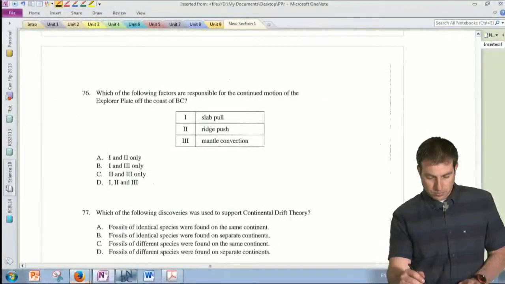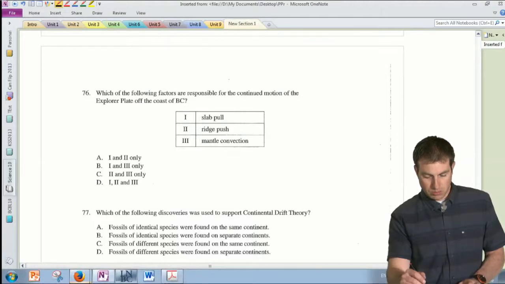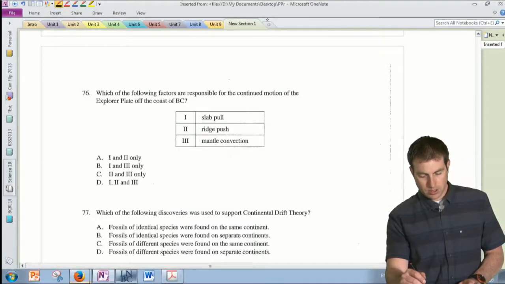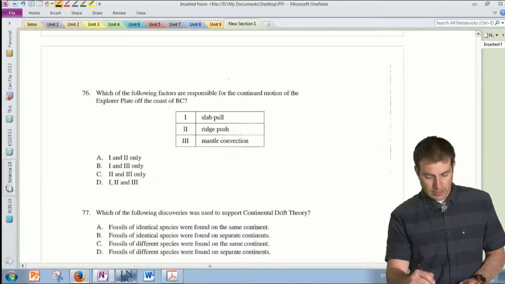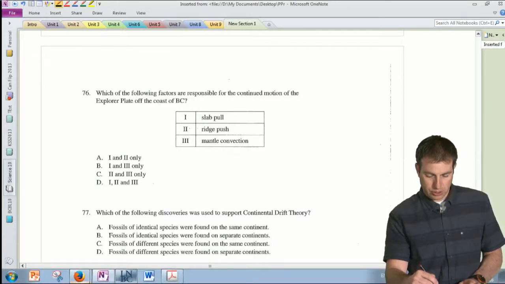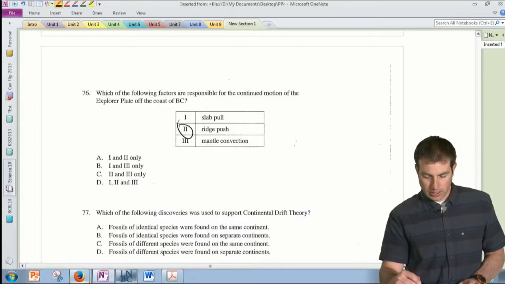So which of the following factors are responsible for the continued motion of the Explorer plate? It's kind of tricky. I would go with slab pull and ridge push. Ridge push means that you're going to get the push on one side, and then the slab pull happens as it gets subducted on the other end.